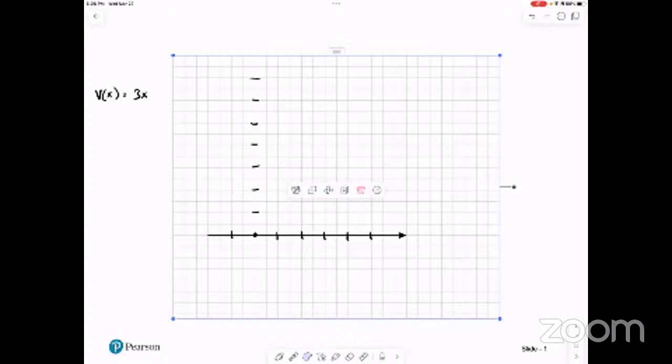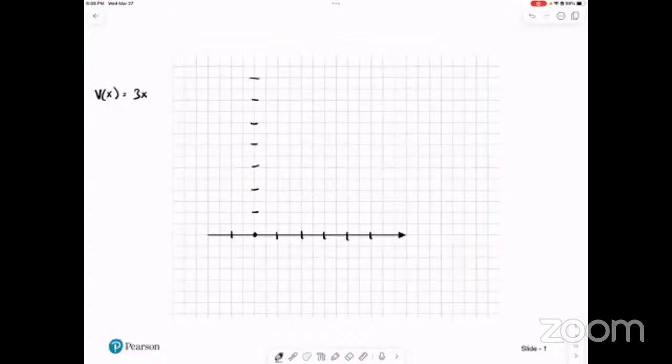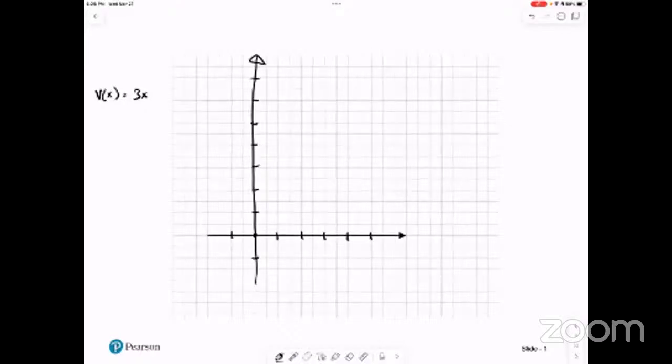Okay. So positive y is in this direction. What is going on with my graphs today? It will not draw the cursor. There we go. Okay. So here's our positive x.